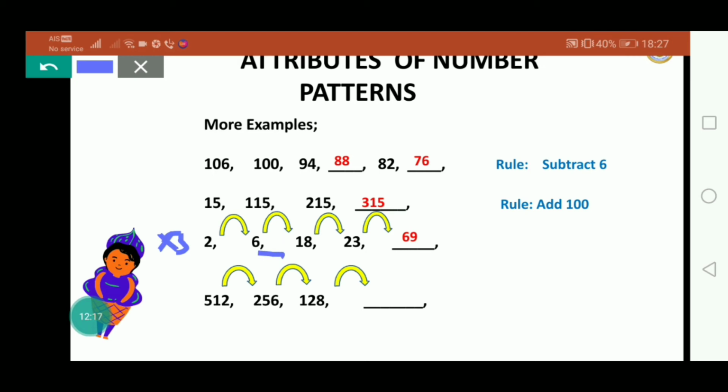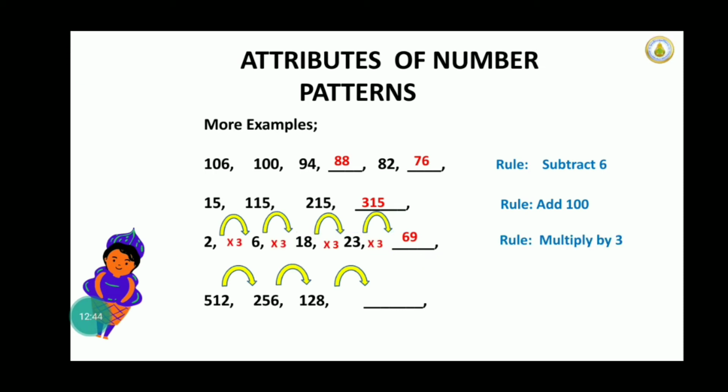And 6 times 3 is equal to 18. And 18 times 3 is equal to 54. And 54 times 3 is equal to 162. So what will be the rule here? The rule is multiply by 3.